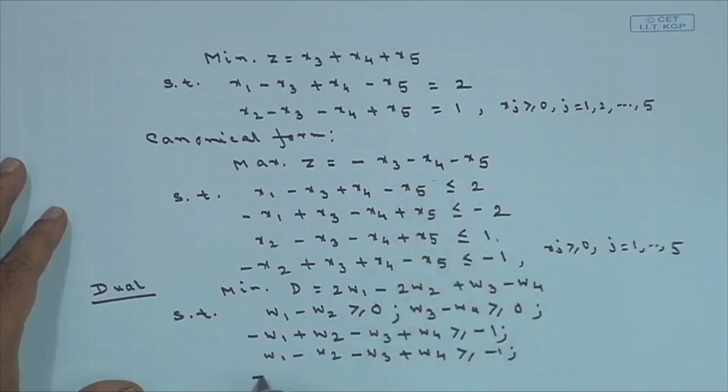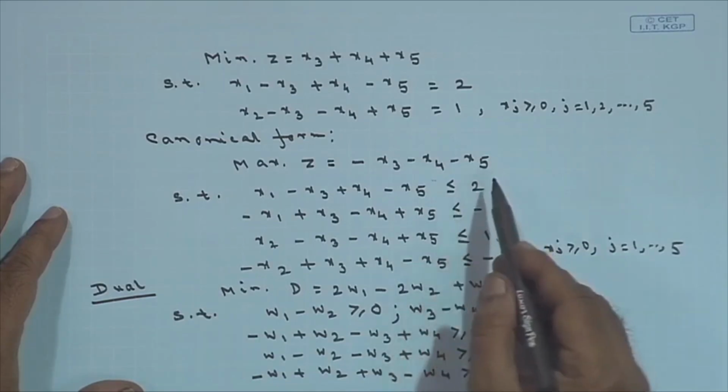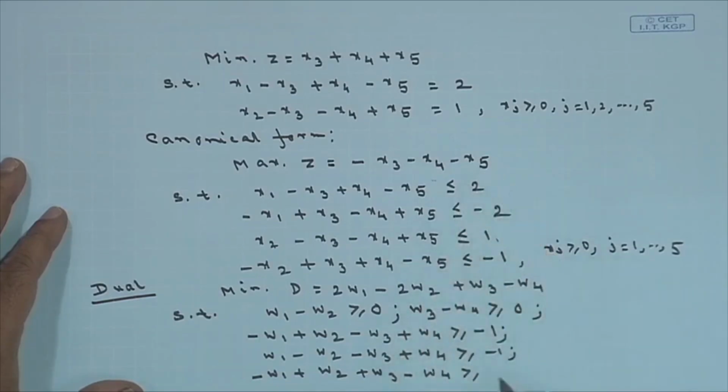So, it will be minus w1 plus w2 plus w3 minus w4, and the coefficient corresponding to x5 here is minus 1.